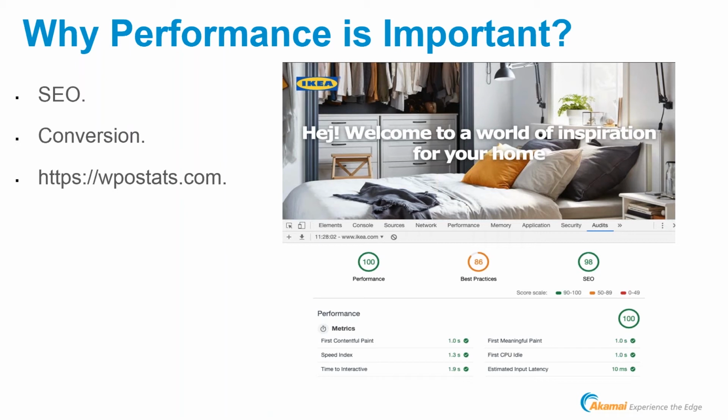We all know that Google has performance as one of their KPIs on how to rank your site. If you're slow, you get a lower rank than if you're fast, and that's pretty simple, and it's also very clear how to prioritize from that.